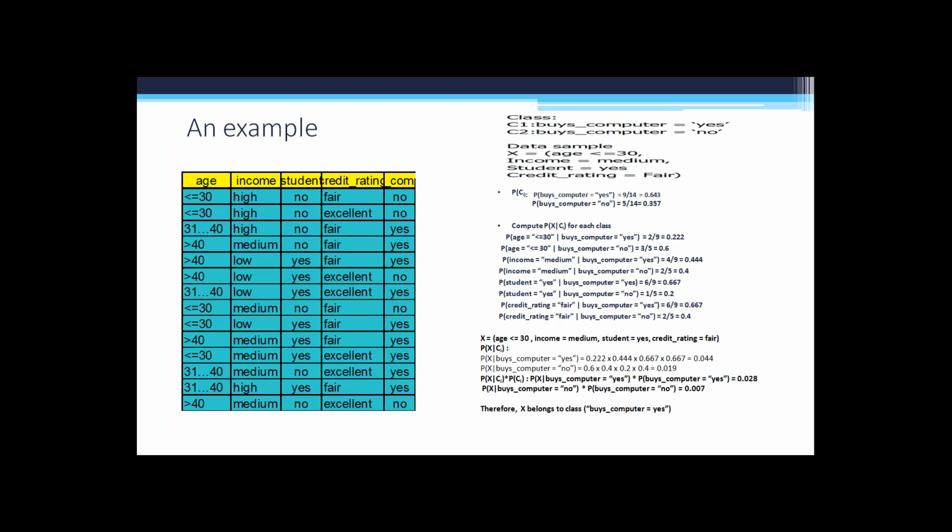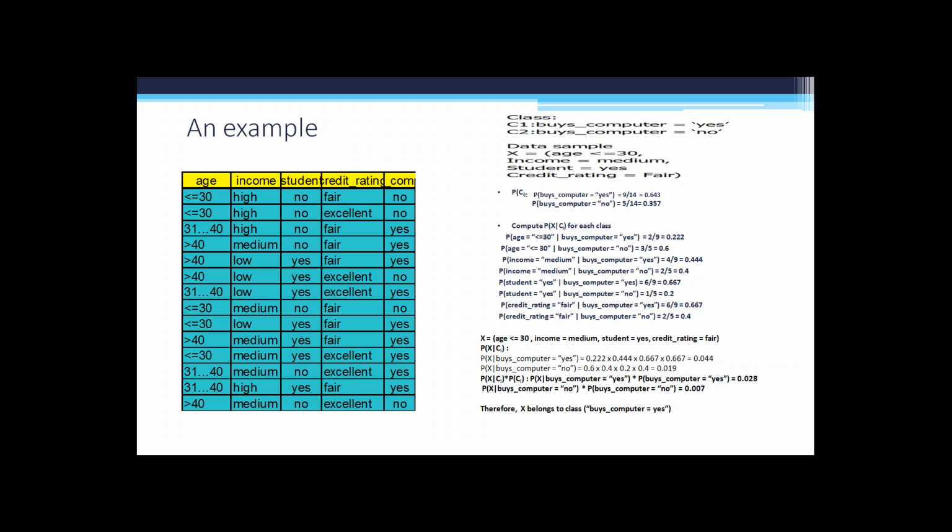Now we know that there are two classes: computer buying yes or computer buying no. So 9 out of 14 is computer buying equal to yes, computer buying no equal to 5 out of 14. Now let us compute, for this particular data, for age the corresponding variable is age less than equal to 30.